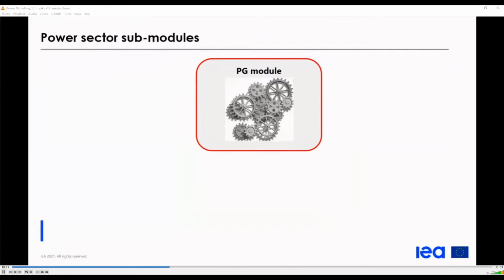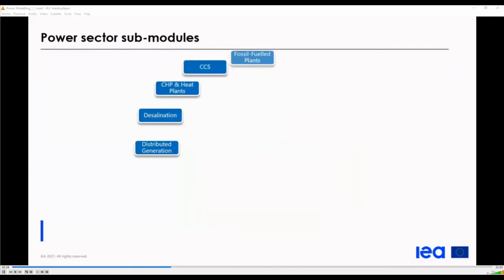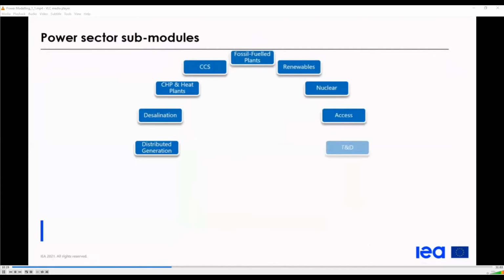Now let's have a closer look at this black box. When we model the power sector, we need to remember that this is a multitude of submodules that need to be considered, from distributed generation to nuclear generation. One of these modules, for instance, combined heat and power and heat plants, will have heat demand as a driving element.